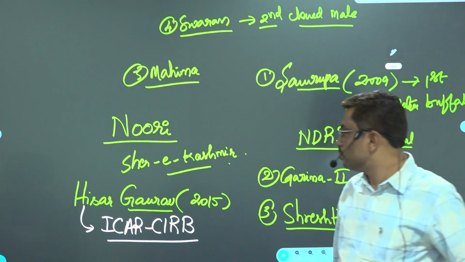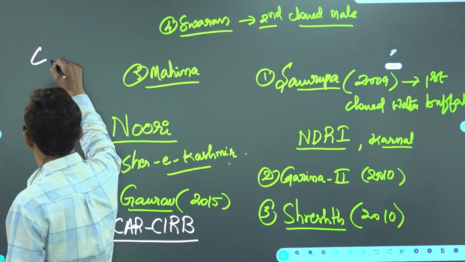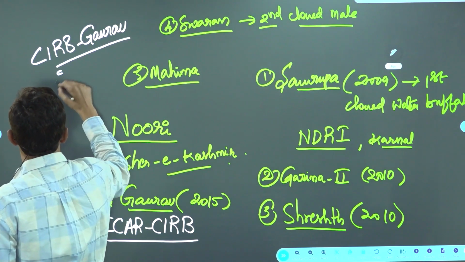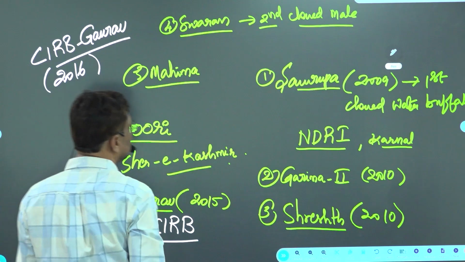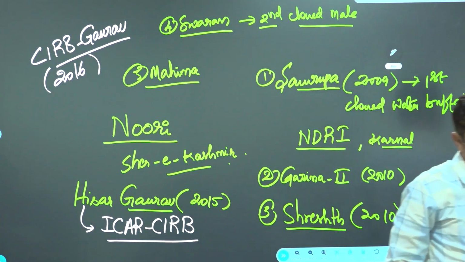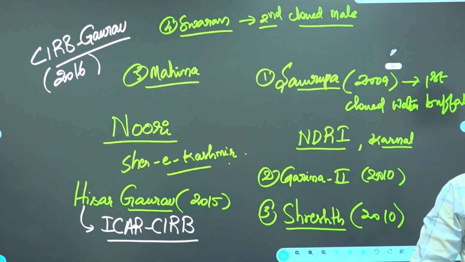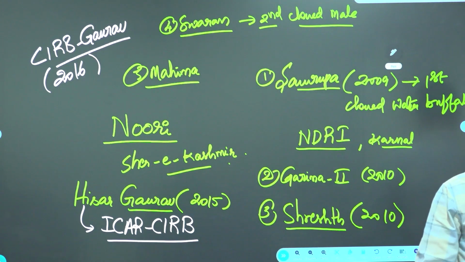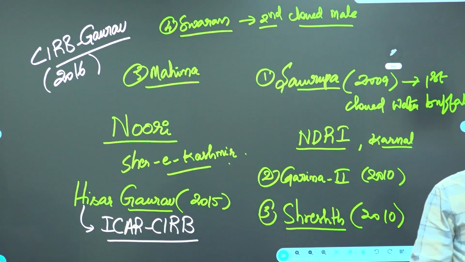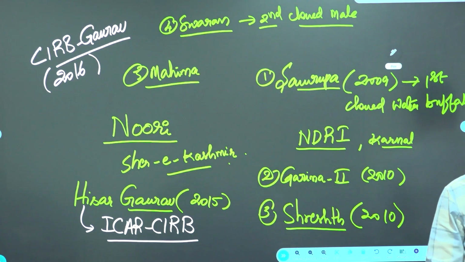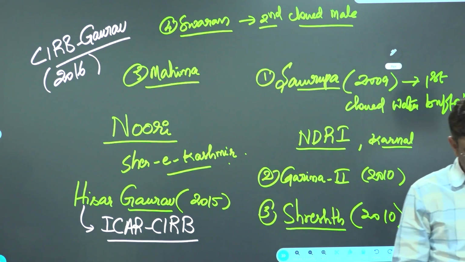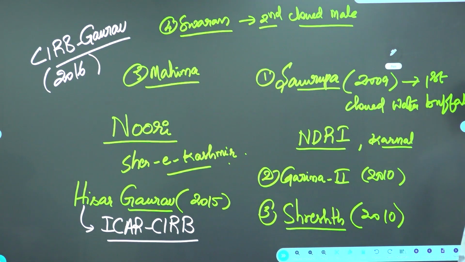Next, Sarb Gaurav, another one. Sarb Gaurav, 2016. An offspring of a cloned buffalo produced by CIRB.